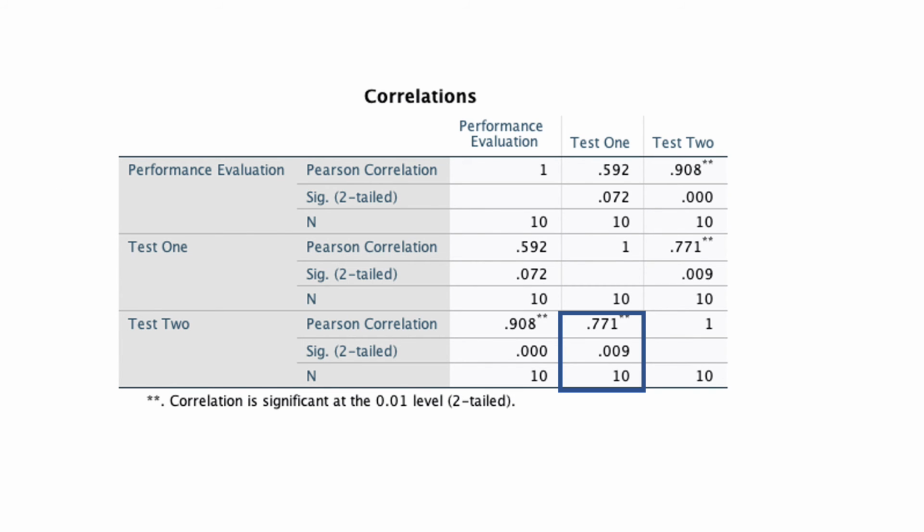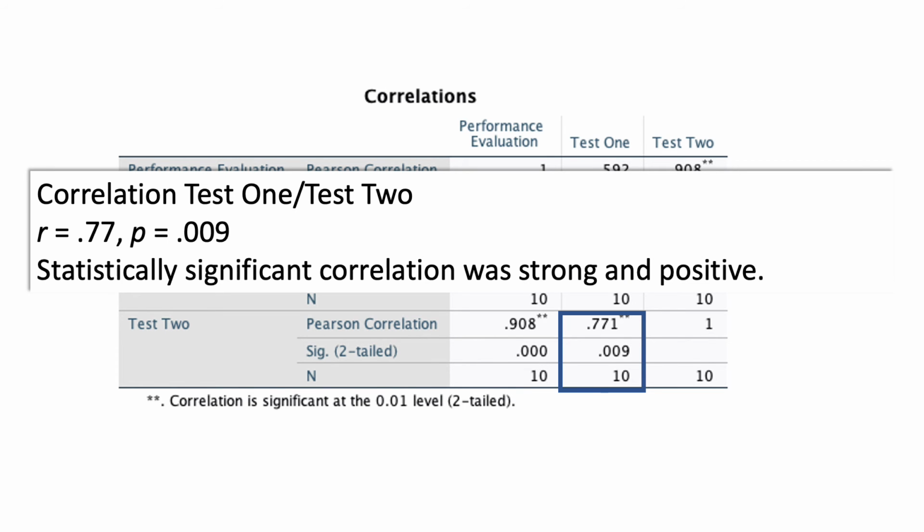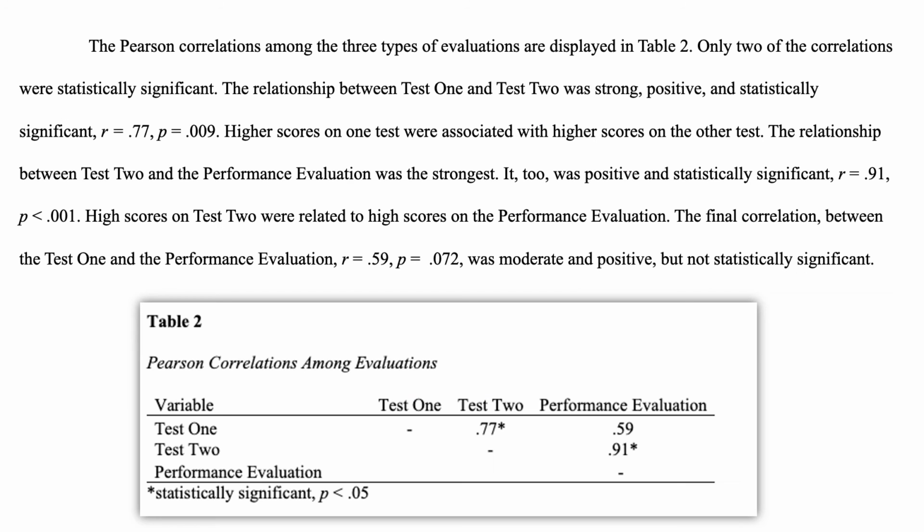Now test 2 and test 1. My correlation is 0.77. The p-value is 0.009. So again, this one is statistically significant. The correlation was strong and positive. A correlation of 0.77 is pretty good, isn't it?